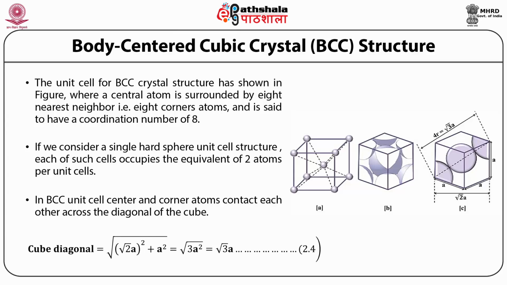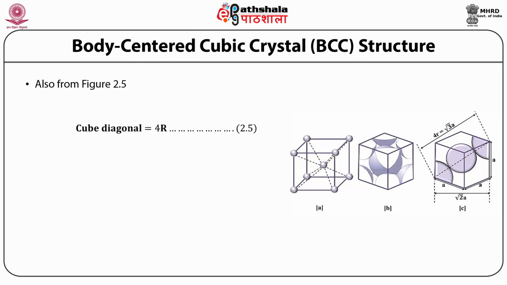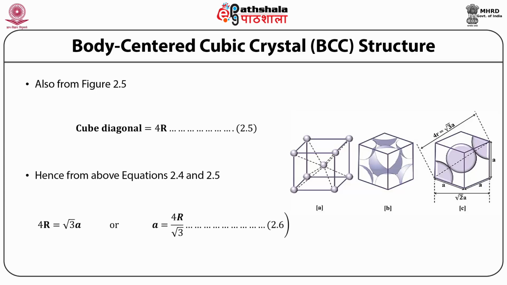That is, the cubic diagonal is equal to the square root of (root 2 a)² plus a², which is equal to the square root of 3a² and is nothing but equal to root 3 multiplied by a. The cubic diagonal is also equal to 4R, leading to the relation between the two as a is equal to 4R by root 3.